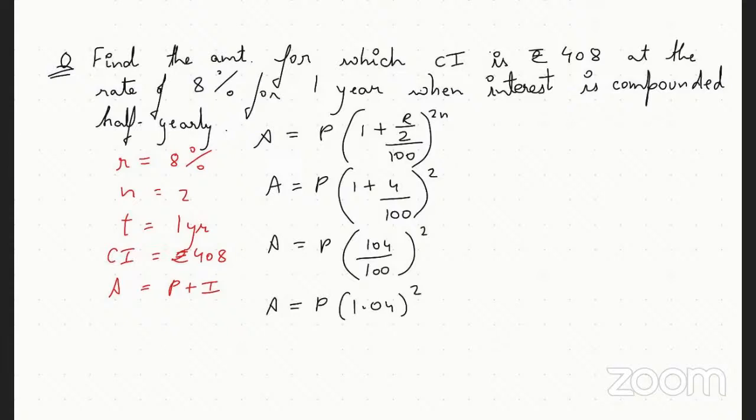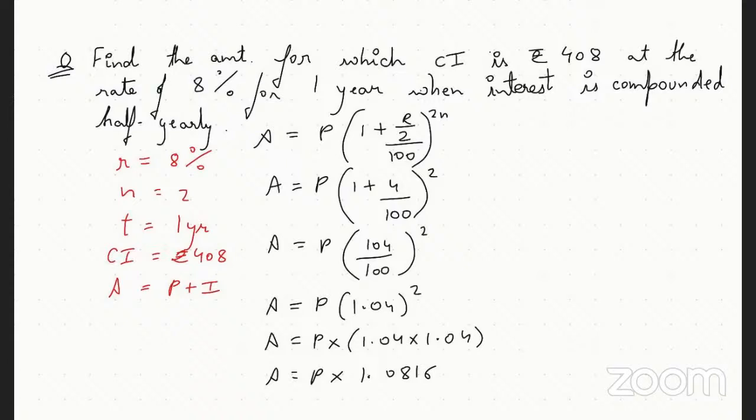Then I will do amount equals principal multiplied by 1.04 into 1.04. Because square is there, I will get A equals P into 1.0816. When you solve 1.04 into 1.04, you will get 1.0816.